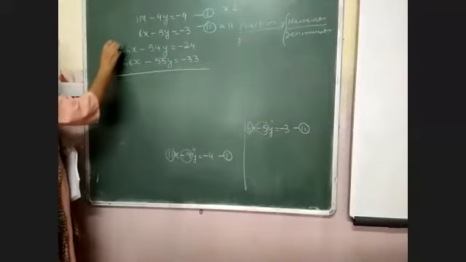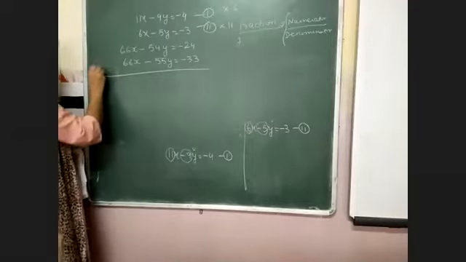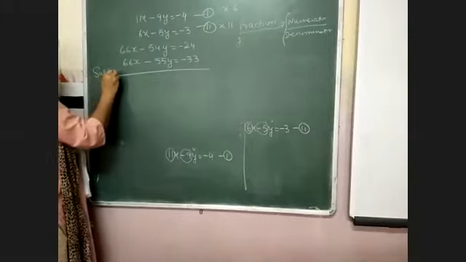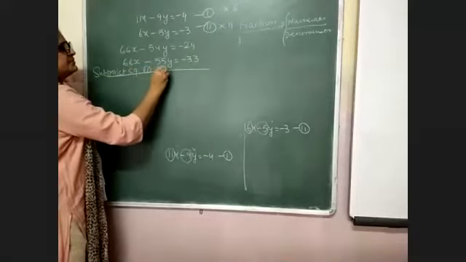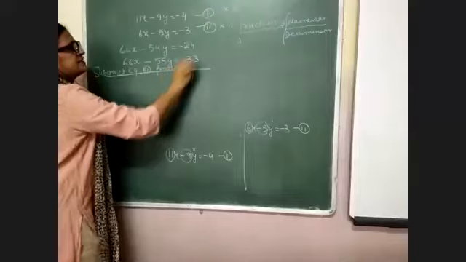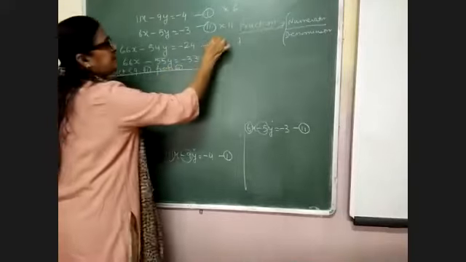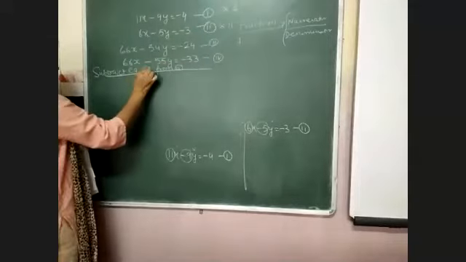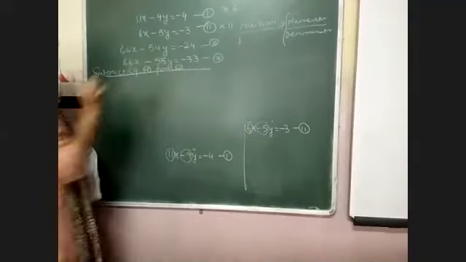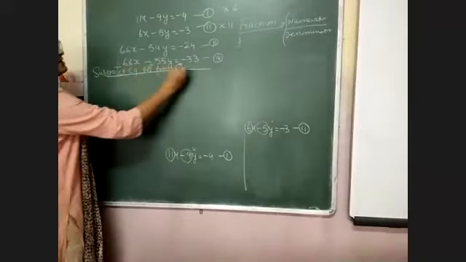Here both the signs are plus, so subtract equation 2 from 1. You can give another name also, equation 3 and equation 4. Then you subtract equation 4 from equation 3. So while subtracting, the signs change.